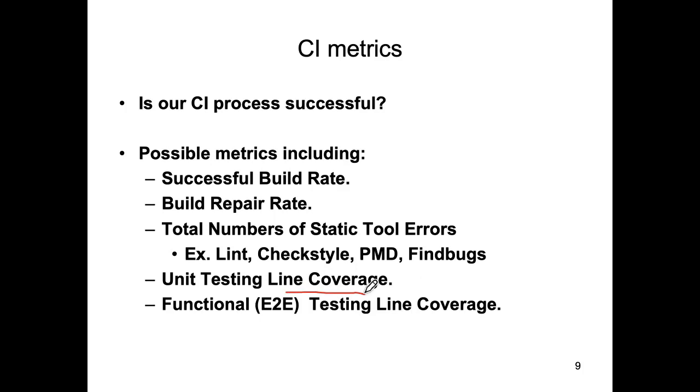And clearly, you want to try and minimize this. You want to essentially try and ensure that every single line of your source code has been exercised at least once by your testing code.